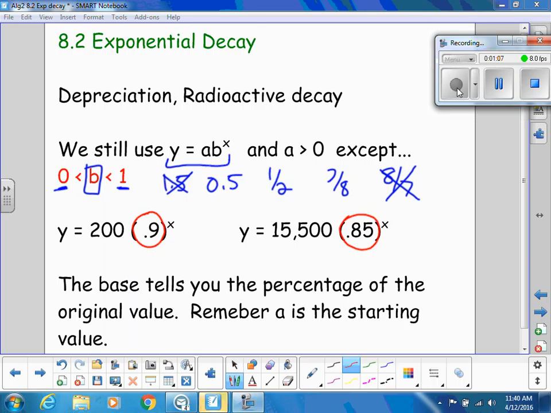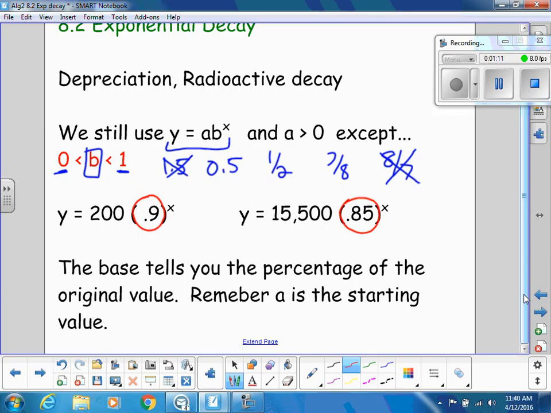The nice thing about the base, if you think about the base being a percentage in decimal form, is that the base tells you the percentage of the original value that is left over. So if I see 0.9, I know that next year it's going to be worth 90% of what it originally started at. So if I have, I don't know, an old iPod that started off at $200, the following year it's going to be worth 90% of that value.